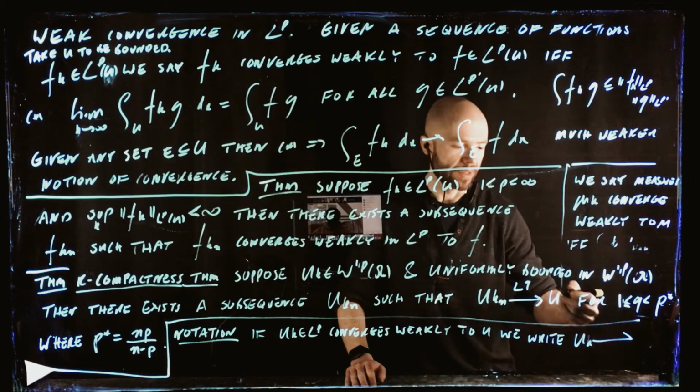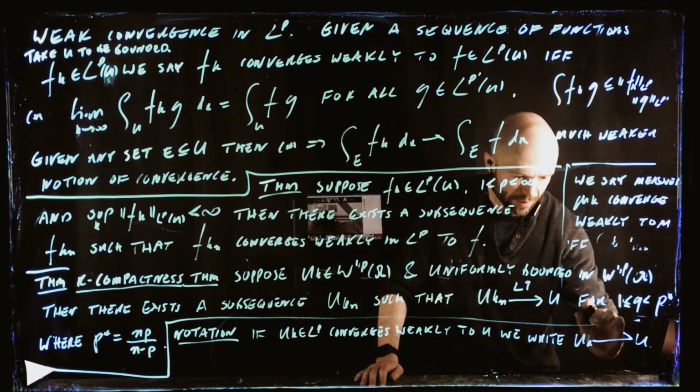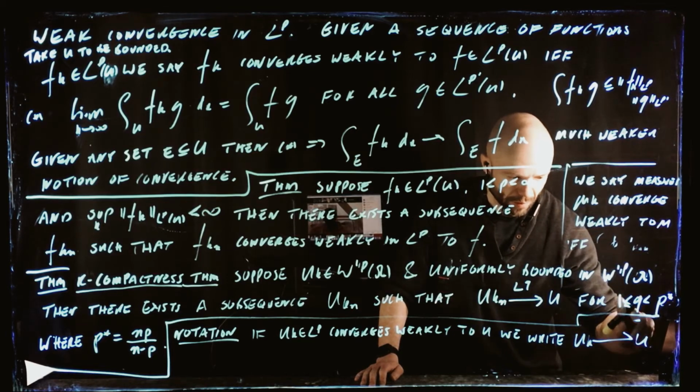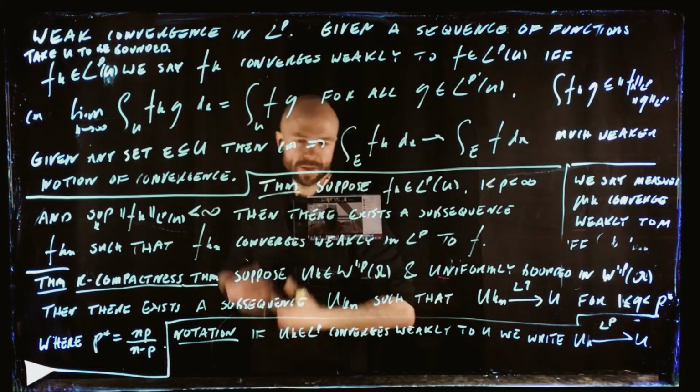So this half arrow means weak convergence to u, and we write whatever the space is. I tend to write it on top, like this. That's how we denote weak convergence.